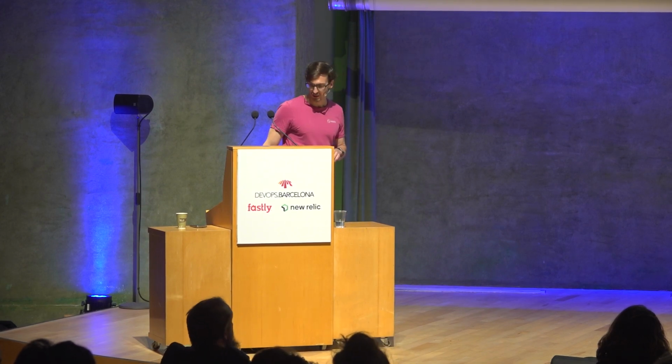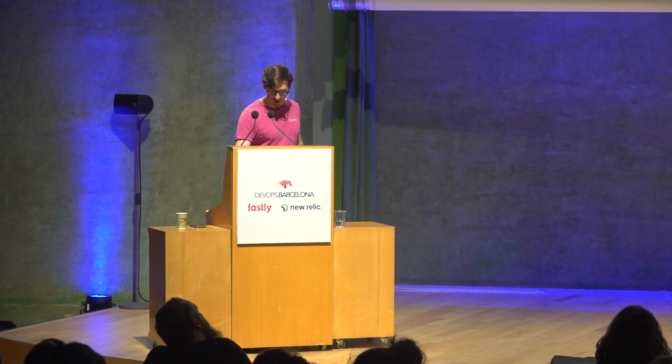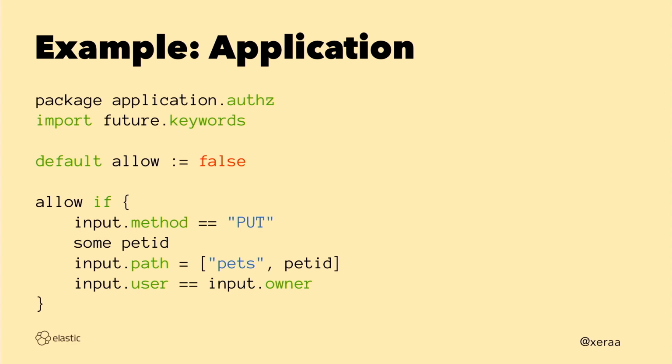To have a bit more of a Kubernetes example, you can also have the same thing in your application, where you again have default allow false. Now somebody wants to write; somebody has a pet, so you can only change things for your own pets. So the pet ID and the user needs to be the owner of the pet, and only then can you change your pet's information.